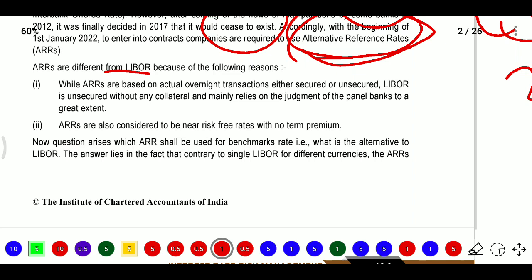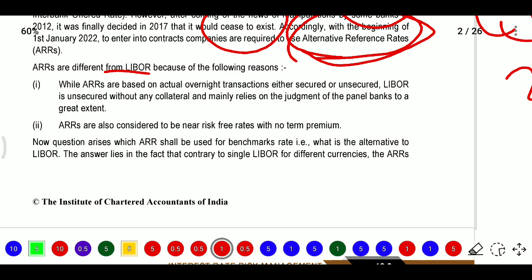ARRs are based on actual overnight transactions, either secured or unsecured. LIBOR is unsecured, without any collateral, and mainly relies on the judgments of the panel banks to a great extent.